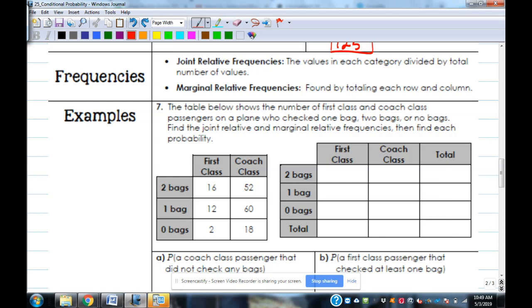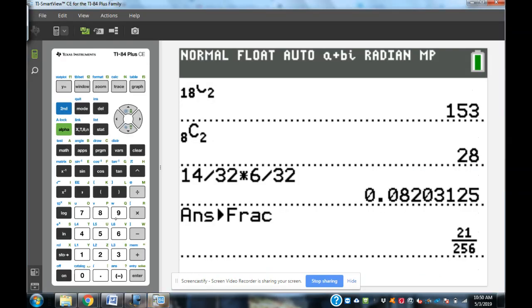So how many passengers total are there? We add up 16 plus 12 plus 2 plus 18 plus 60 plus 52. It'd be 160, so 160 total. We're going to use that, and we're going to convert to decimals here. So for first class 2 bags, it'd be 16 divided by 160.